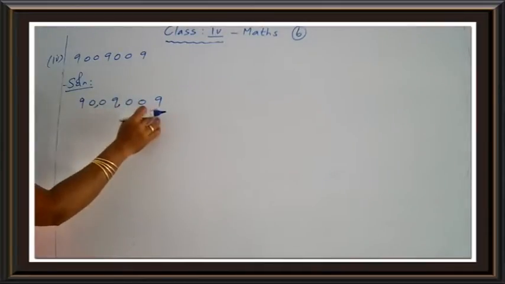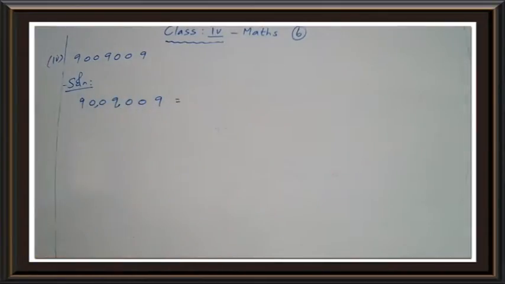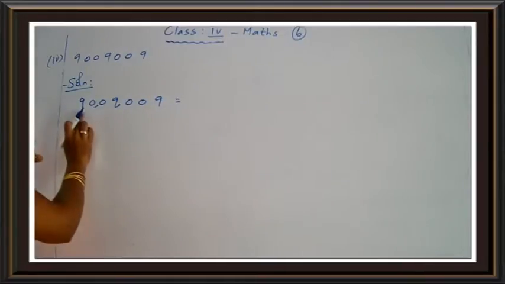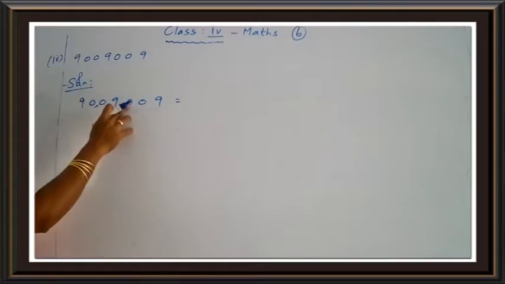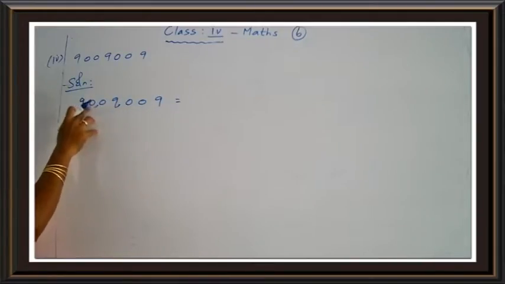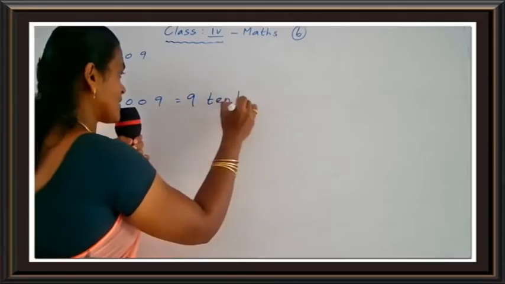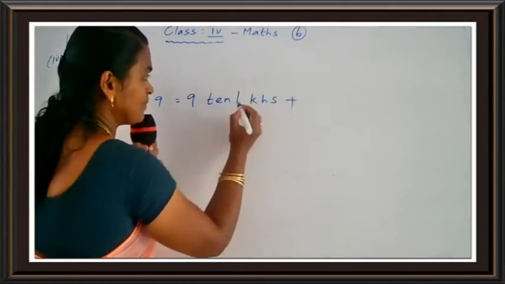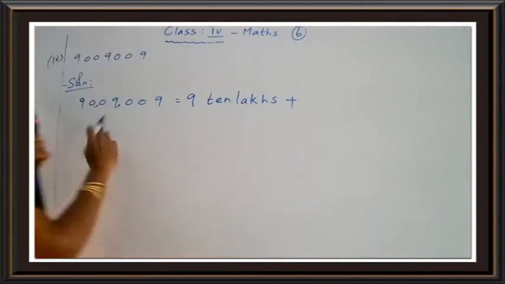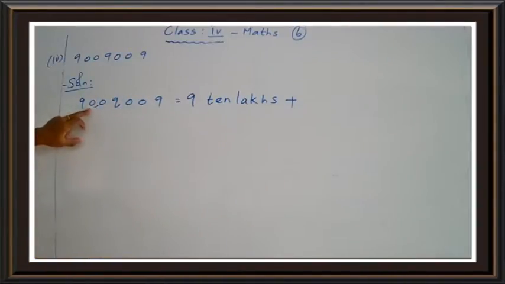Now you write in expanded form in the first way. What is the place value of this 9? Ones, tens, hundreds, thousands, ten thousands, lakh, 10 lakh. So 9 ten lakhs, plus. Here the lakhs place is 0, so it is not represented in the expanded form. Okay, children, so leave it. Next you come, the ten thousands place is 0, so leave it.